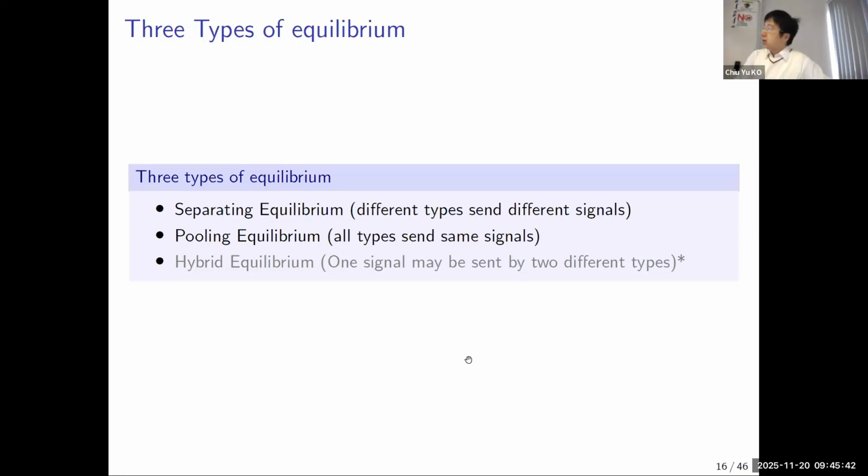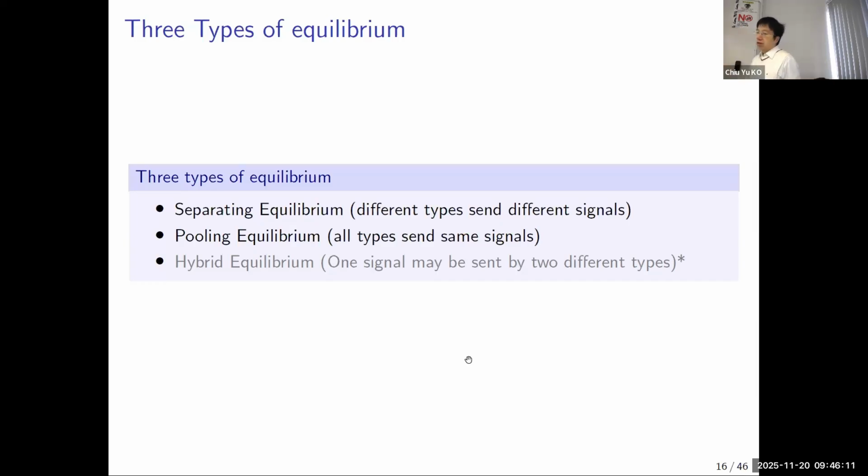It's also that one type always sends one message, and some messages may be sent by both types. Suppose there are 3 types, right? So type 1 may be sending one message. Type 2 and type 3 sending a mixed message. Or there are 2 types. Type 1 is taking 1. Type 2 is randomizing over 2 types.